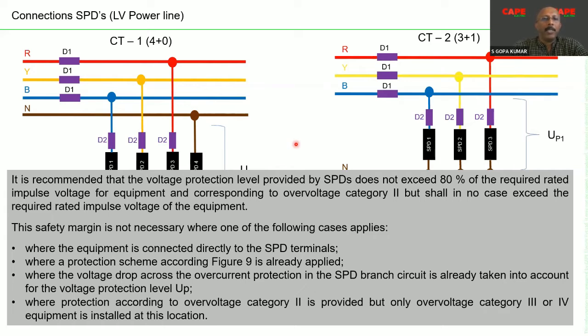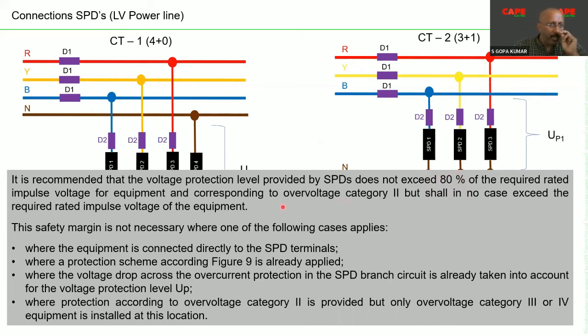The standard recommends that you select and install SPDs in such a way that finally the SPDs are not allowing more than 80% of the withstand voltage of the MCB. Let's say 4 kV is the 100% withstand, 80% is about 3.2 kV. So the effective protection level provided by your SPD must be lower than 3.2 kV.